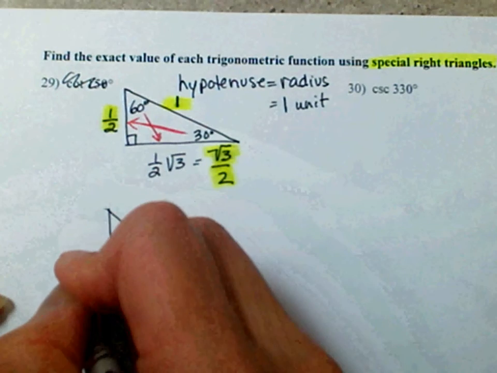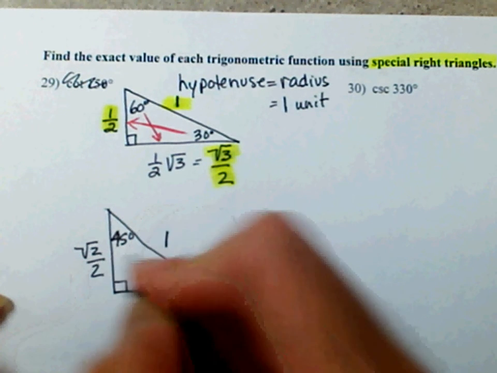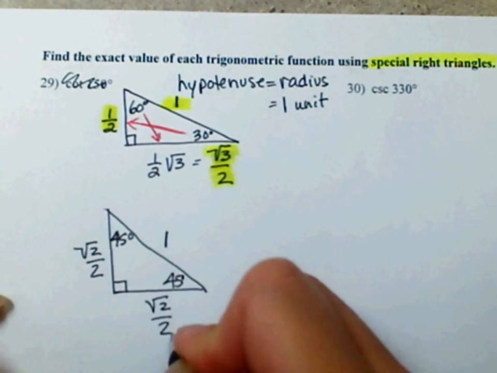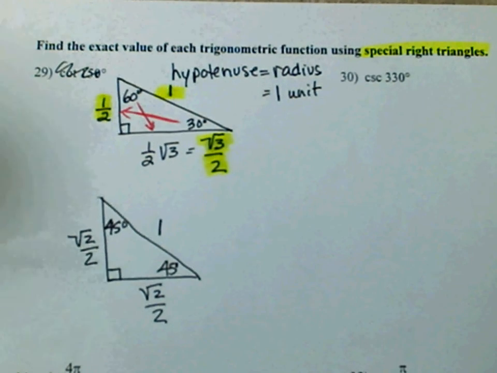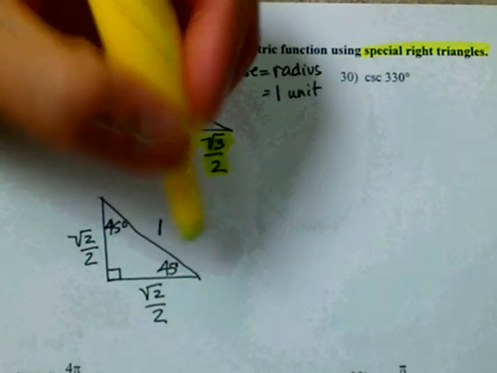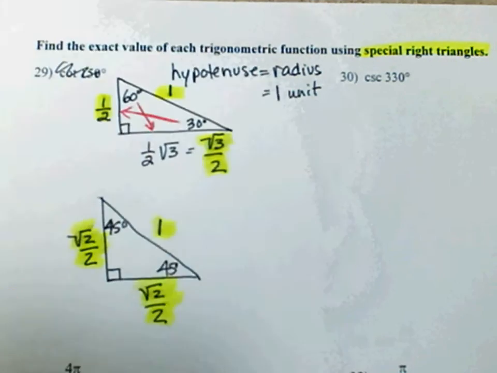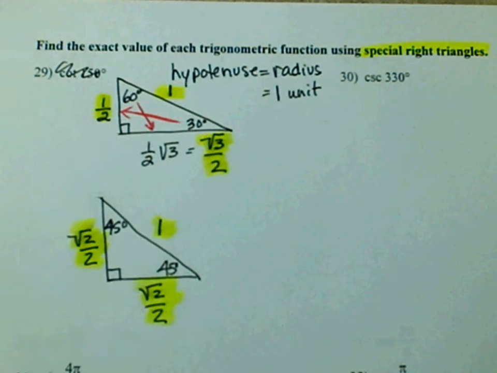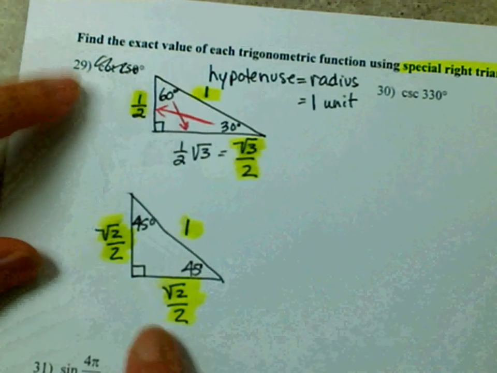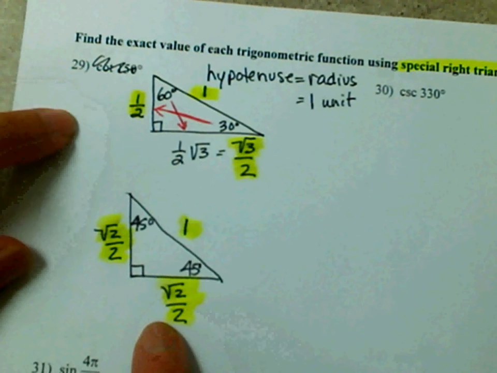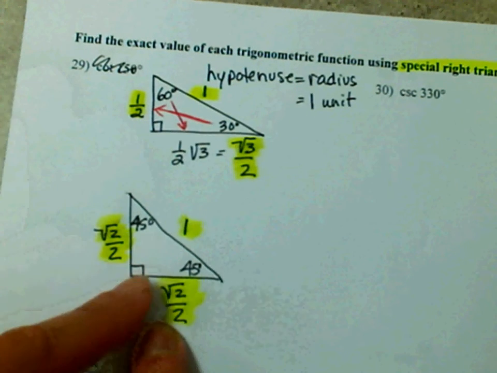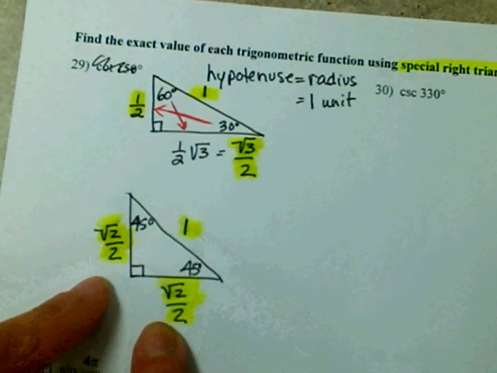You must memorize this. These are the most common ratios for your triangles. Knowing these things, we're going to come back to it a lot. Remember, your hypotenuse is always the longest side. It is always across from 90 degrees. Okay? All right, now let's get started on number 30.